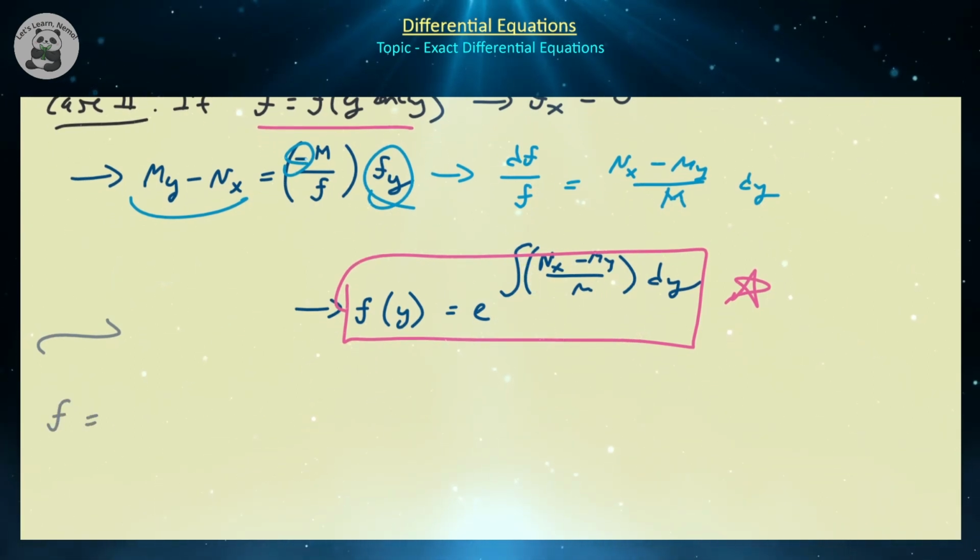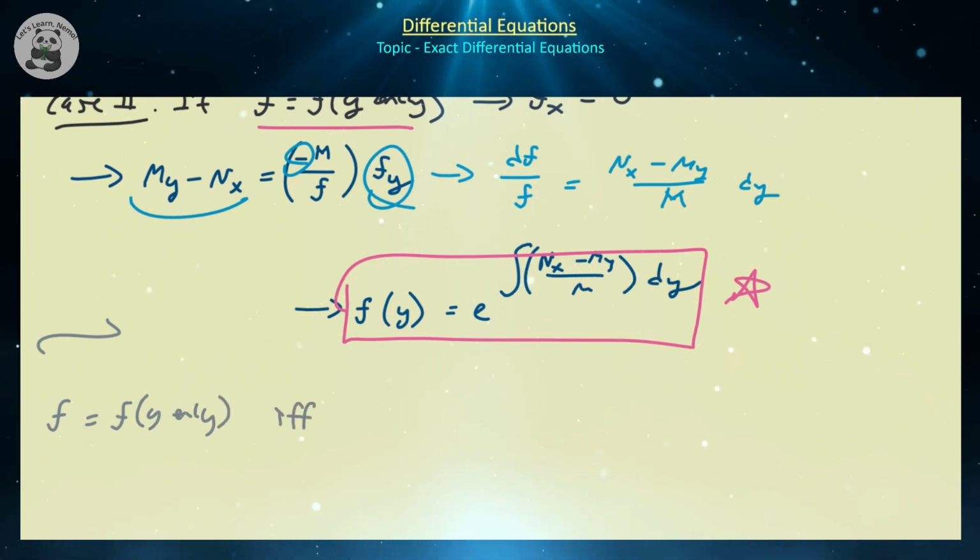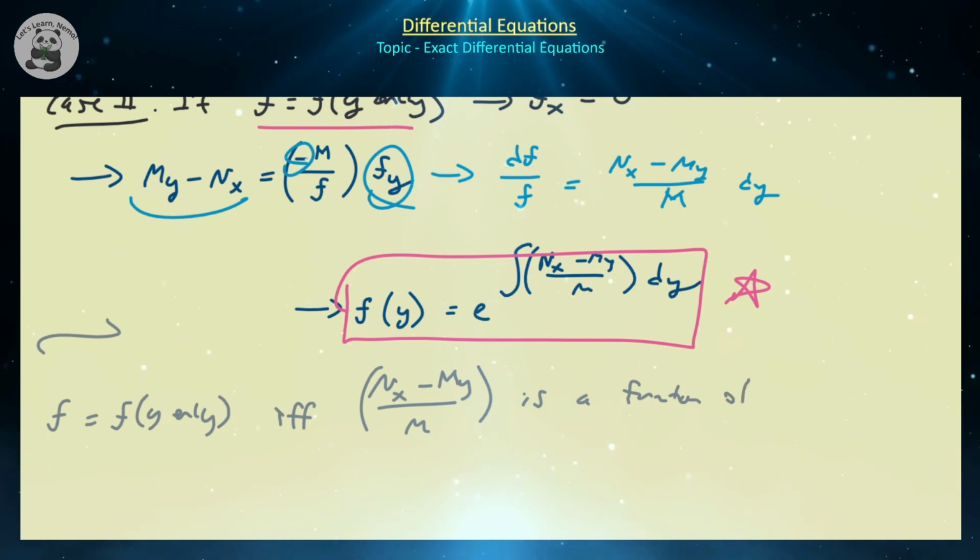So keep in mind, f is a function of y only if and only if nx minus my divided by m is a function of y only. Therefore, all the x's should eliminate and disappear from that expression. Right?